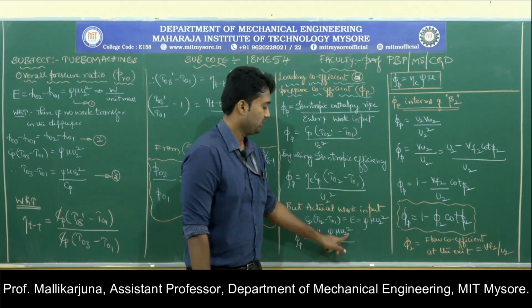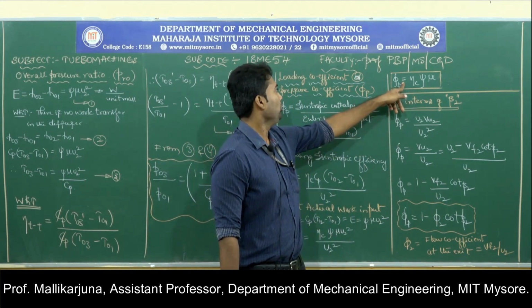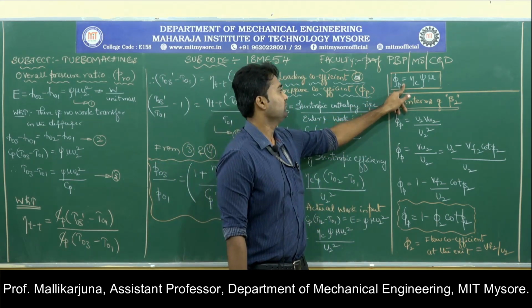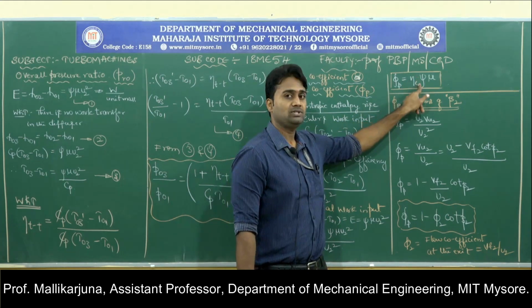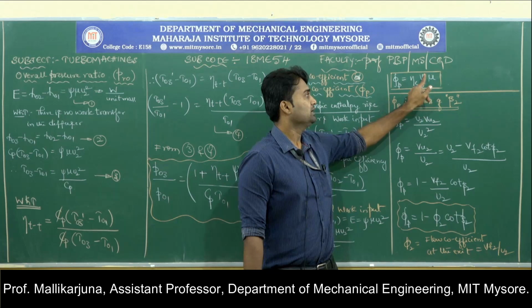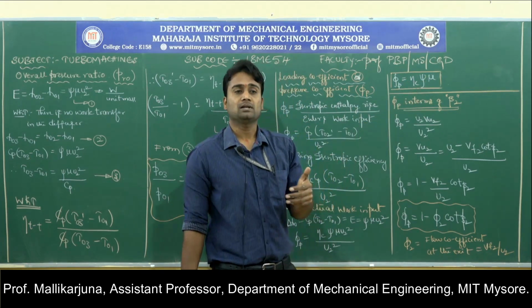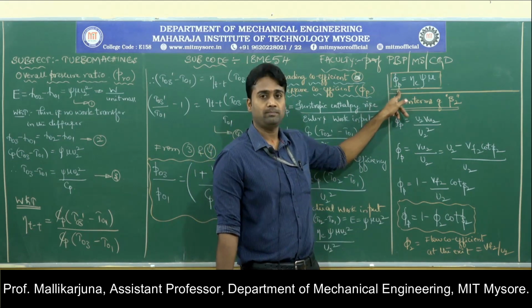Now U2 square gets cancelled in this step. The loading coefficient or pressure coefficient phi p will be compressor efficiency times xi times mu, where xi is the slip coefficient, mu is the power factor, and eta C is the compressor efficiency. That is phi p.